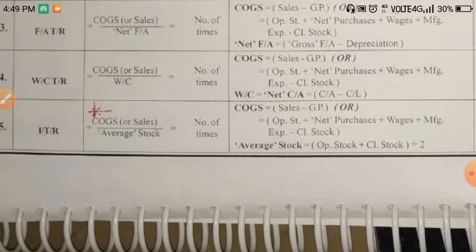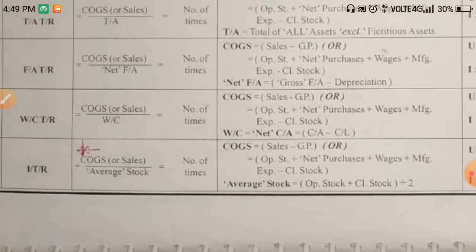So working capital is equal to current assets minus current liabilities. Cost of goods sold divided by working capital. If cost of goods sold is not available, we will consider sales instead of cost of goods sold. Okay, this is the formula for working capital turnover.